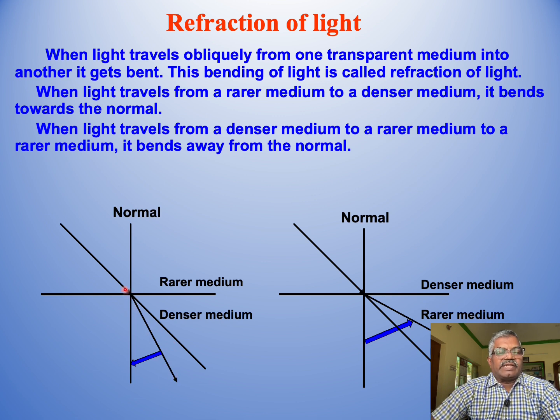So, this is the path of the light rays, and see here, if it enters from denser to rarer medium, it will bend away from the normal.